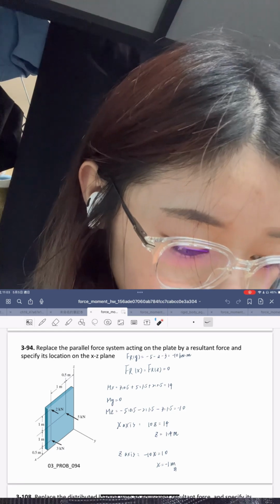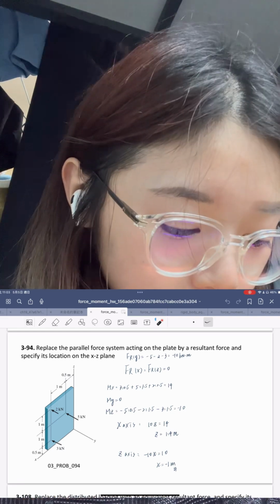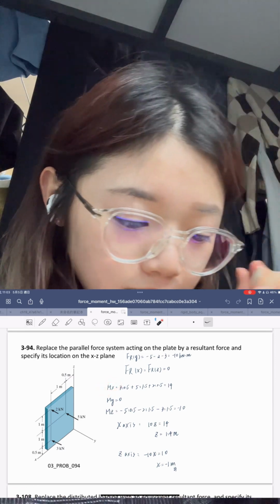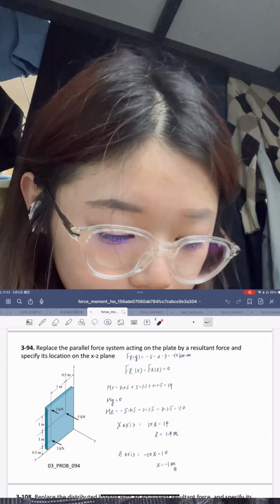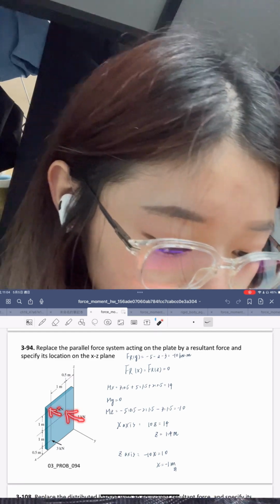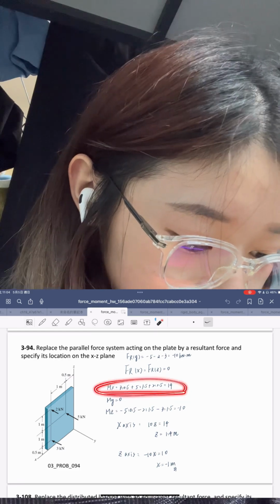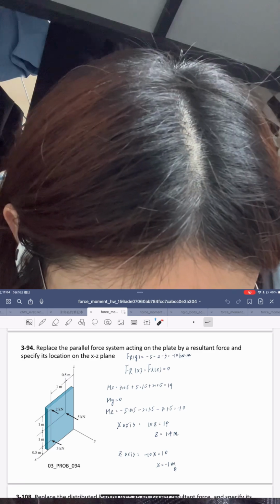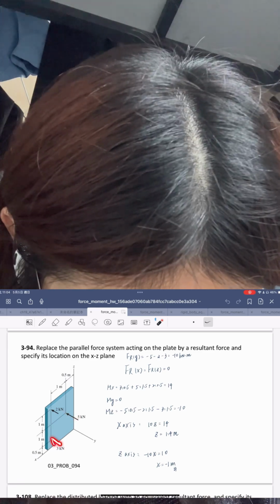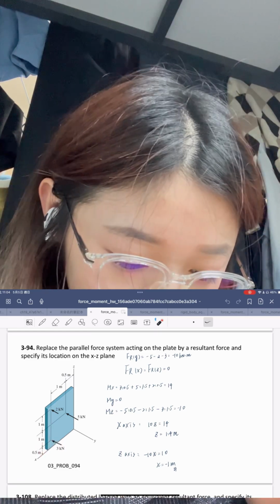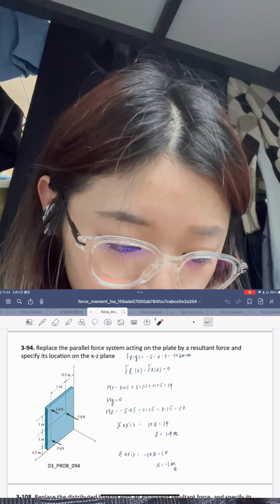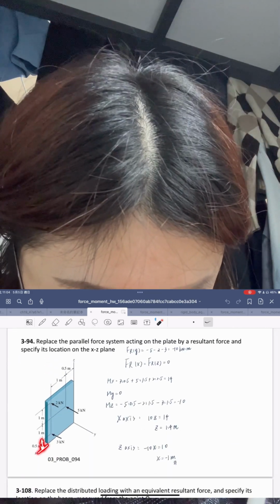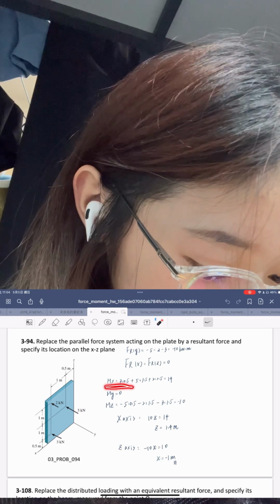And with the moment, the moment about x, because the axis is like this, Fy, so the moment about x is 3.05 here, because 0.5 is the distance from the x-axis, so the moment is about the x-axis.